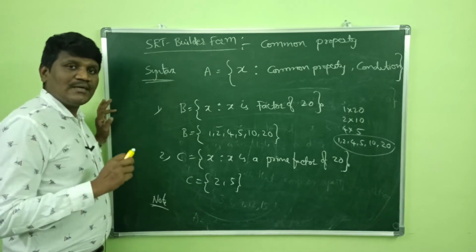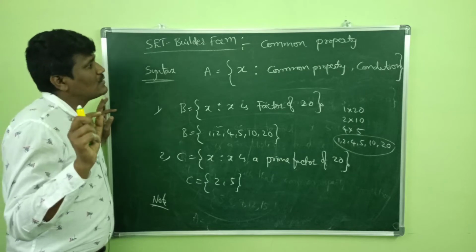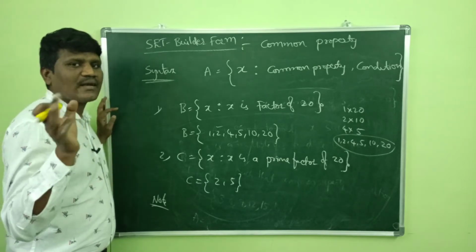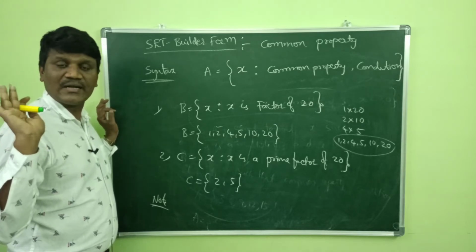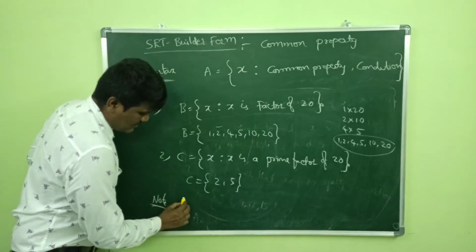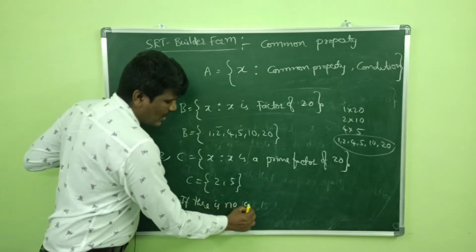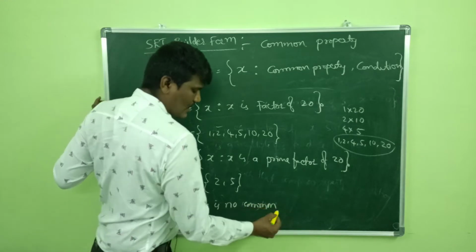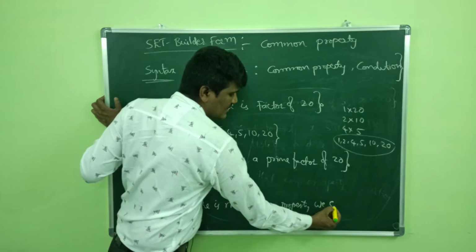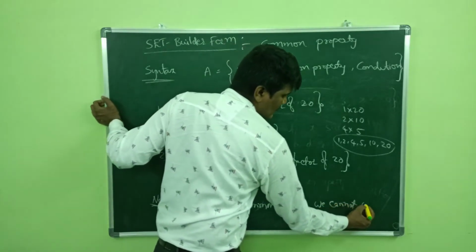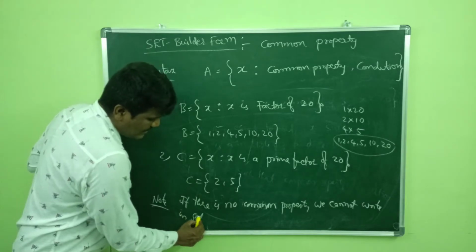So what is the note? In set builder form, if the common property is there, then only we can write a set. If there is no common property, we cannot write in set builder form.